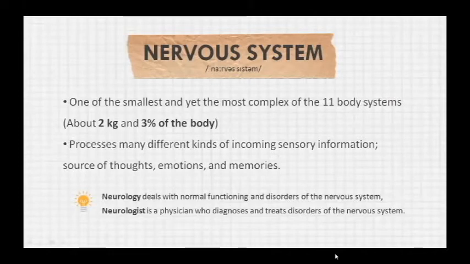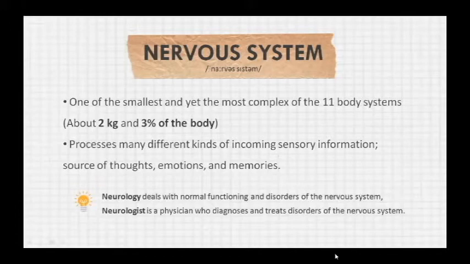Well, the nervous system is one of the smallest and yet most complex of the 11 body systems. Imagine, it is only about 2 kilograms and 3% of our body. It processes many different kinds of incoming sensory information, and is the source of thoughts, emotions, and memories.